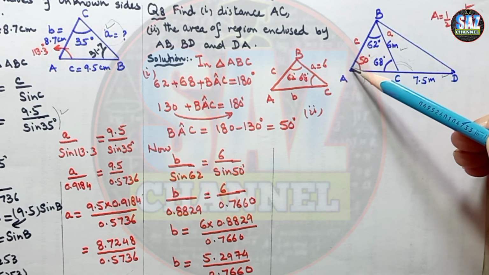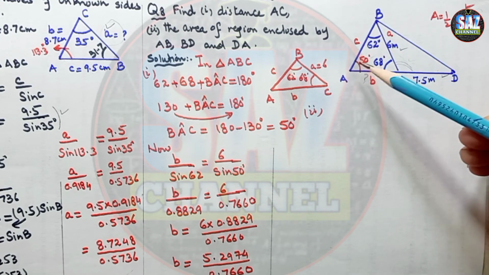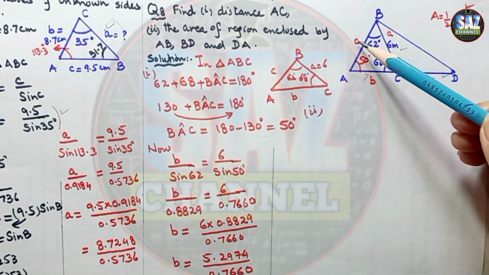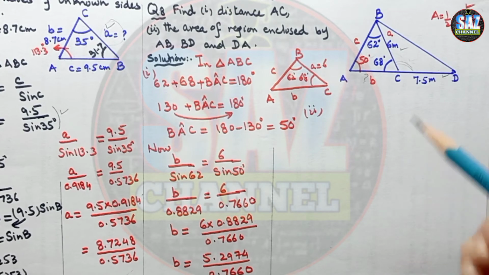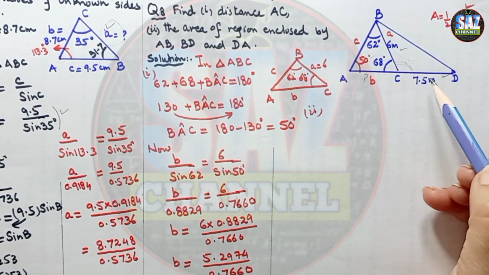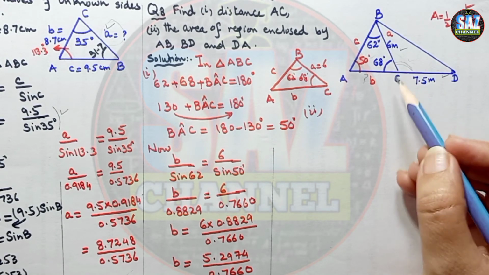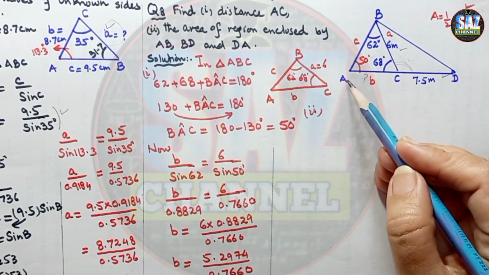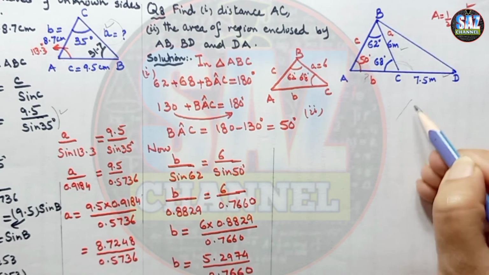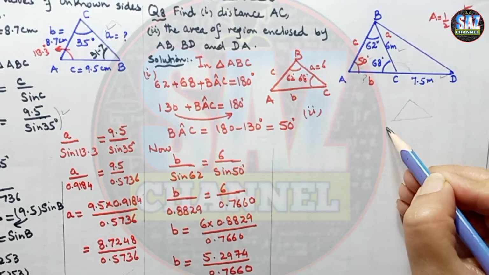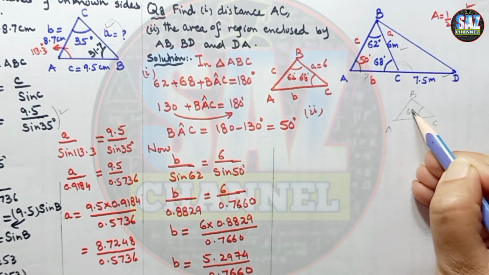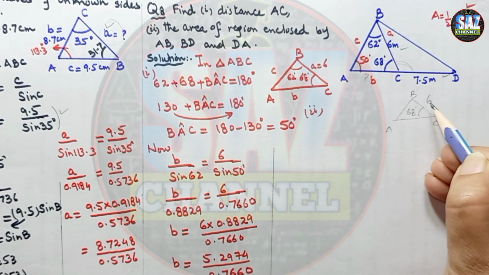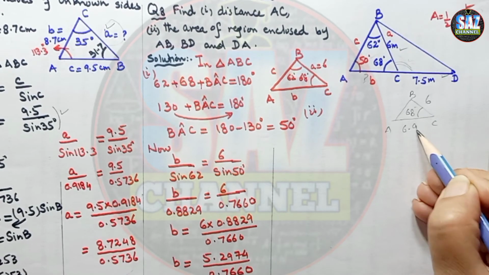Either I can calculate length C by applying the sine law, and then make use of the AB side, AD side and sine 50 degrees. Or we can see that the shape has basically two triangles. If I take triangle ABC, here we have a 68 degrees angle, and this is 6 meters and this is 6.92.